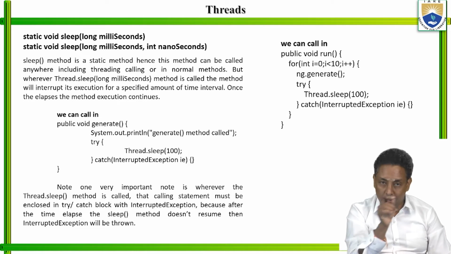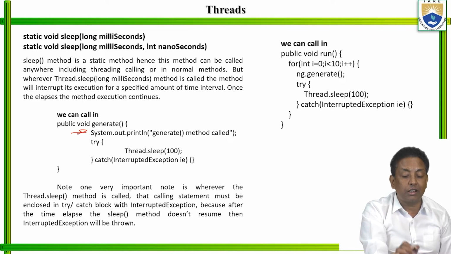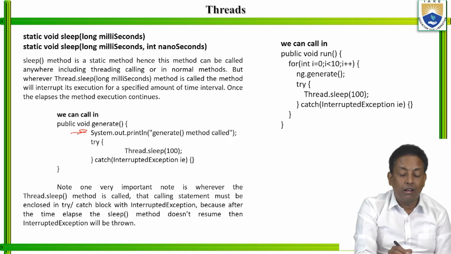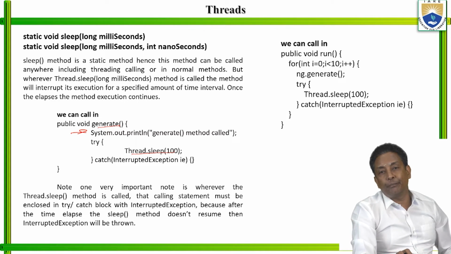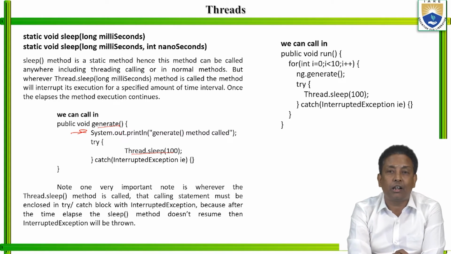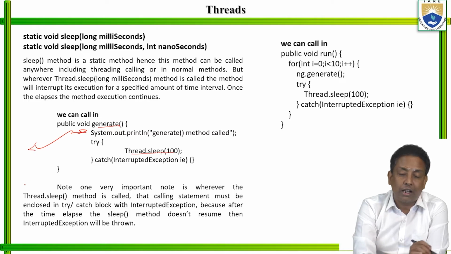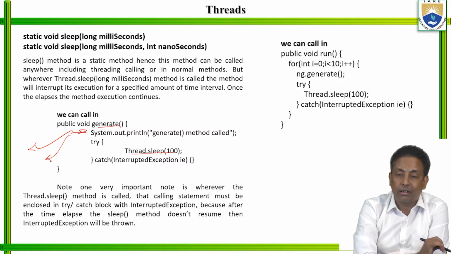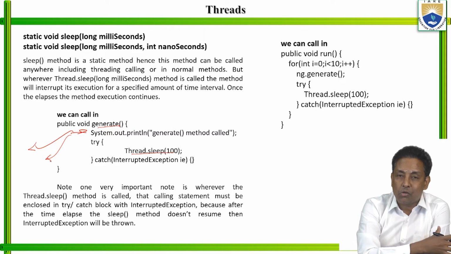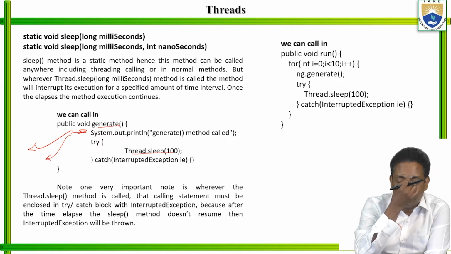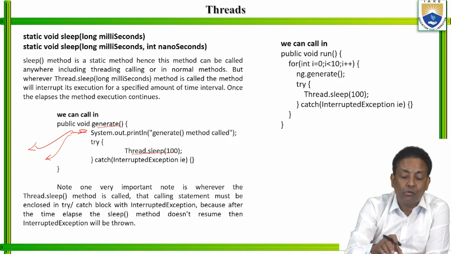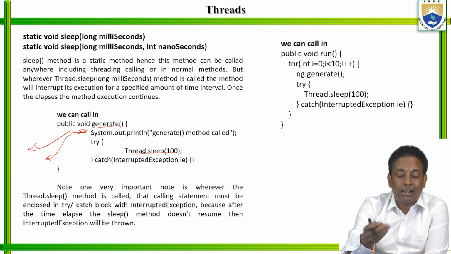System.out.println generate method code, and you write some logic over there. I am just writing a debug statement. And in the generate method, you use Thread.sleep of 100. And this method is something related to connecting to the database or connecting to some network. We know that network processing or database connectivity is a little bit slower process. So we want to sleep the method execution for some time.